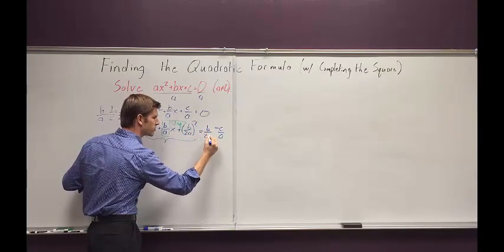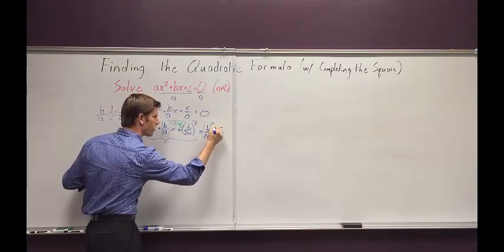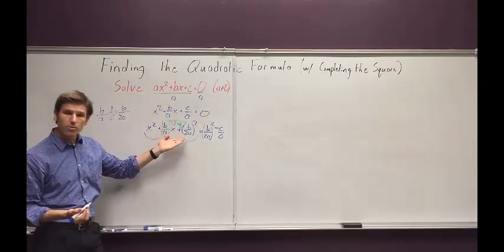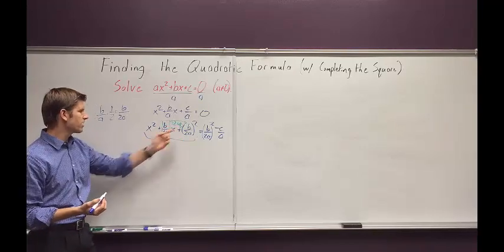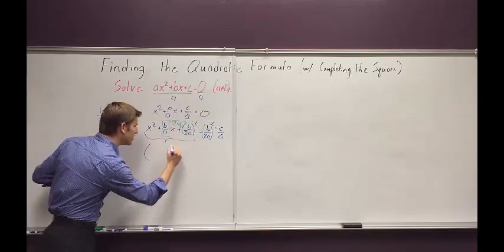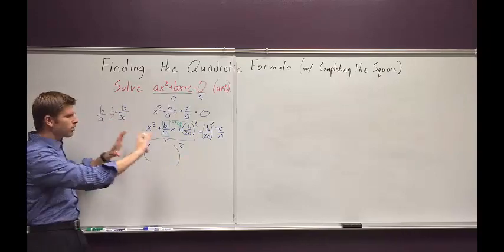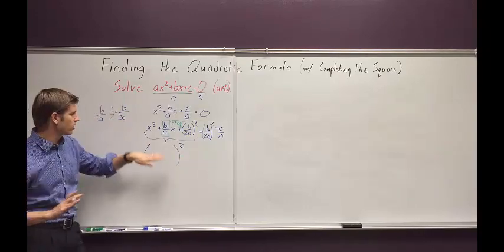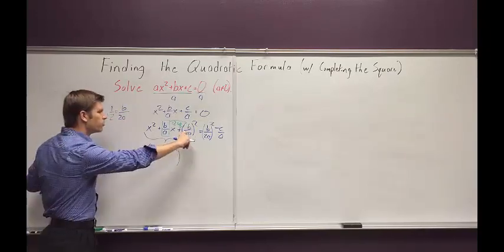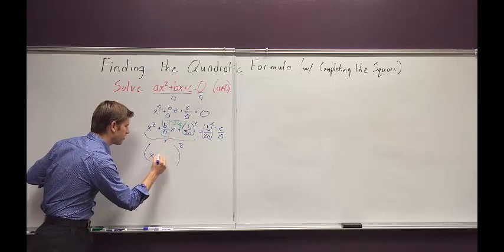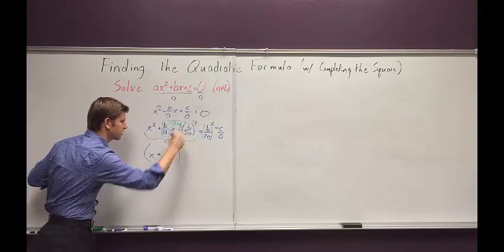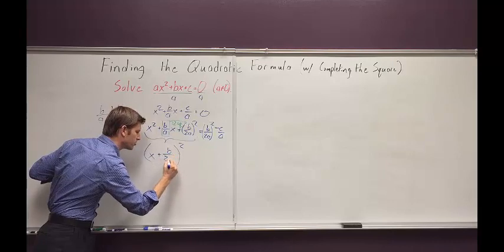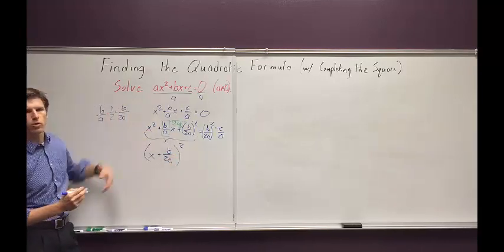b over 2a squared. Now you might wonder, that's sort of an arbitrary process. Why divide by 2 and square? Well, the answer is simply because I'm looking for one thing squared. I'm looking for a complete square. Putting this term in makes it so I have x plus b over 2a, squared. And you can work backwards to check that.